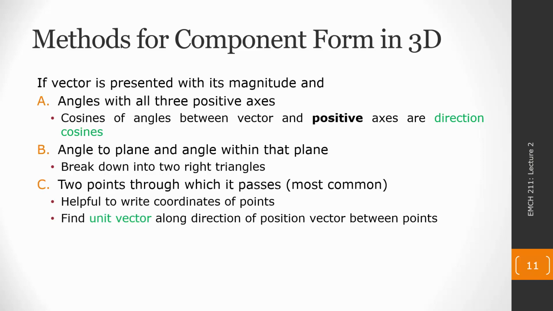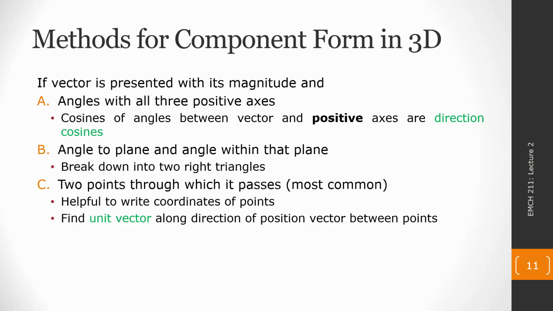where we're going to know the magnitude of some vector, and then we're going to be given 2 points through which it passes. So what we're going to be doing in this case most commonly is writing down all the coordinates that are going to be important in our diagram, and then finding what's called the unit vector, or the direction of this vector. So it's the direction that passes through those 2 points but has a magnitude of 1.